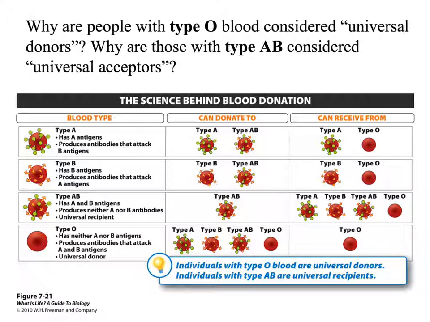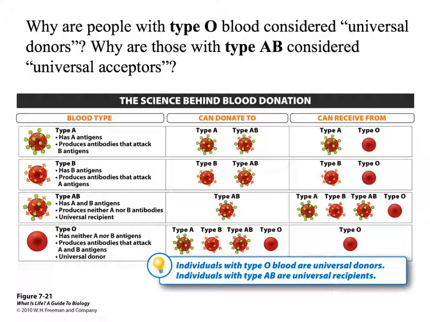We can see that type A blood can receive blood only from other type A's or from type O's. They can donate to people with type A or to people with type AB blood. Type B blood can only donate to type B or to type AB. They can only receive blood from type B people or type O people.